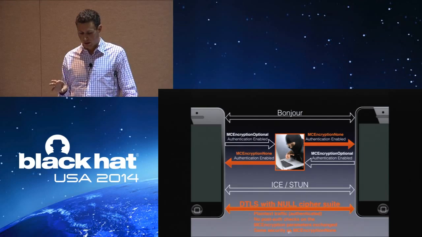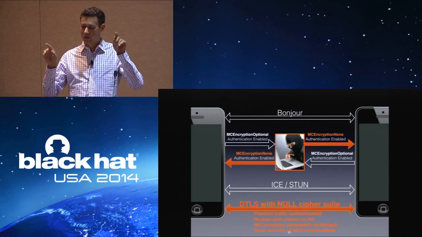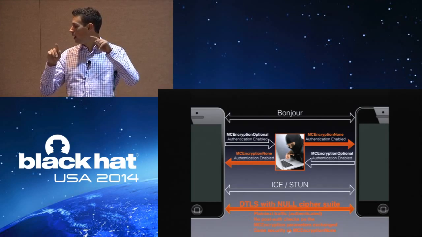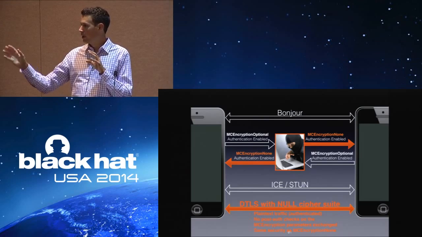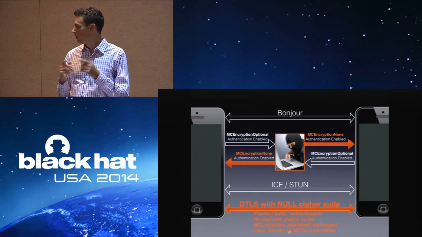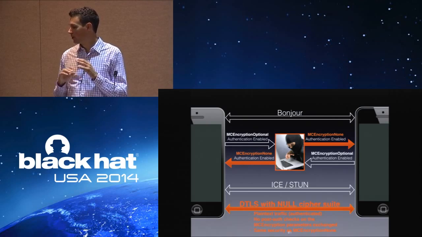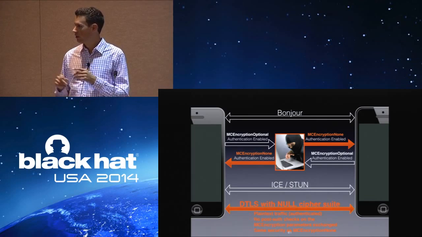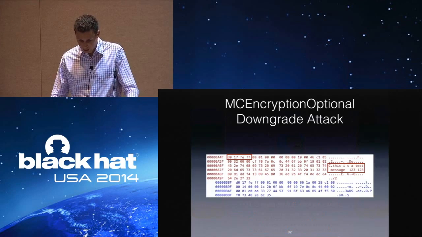And the problem here is that what they should be doing is, after authentication, they should check that the security settings that were exchanged at the beginning are what they thought it was. So they should make sure, oh, you sent me encryption optional, that's what I received, and they can confirm that what they sent was what the other guy received. Because if that's not the case, then someone changed the settings on the way. But they're not doing it, so you have a downgrade attack.